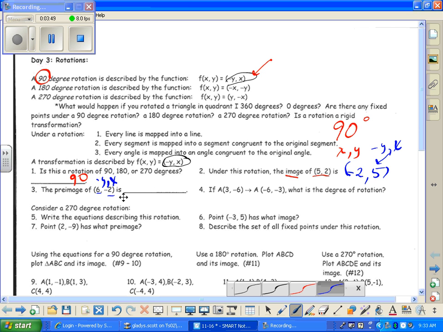So let's switch it around. We want to switch it around to (x, y) now because we need the pre-image, what it was before anything happened. So what it was before anything happened is the x was a minus 2 and the y was a minus 6.